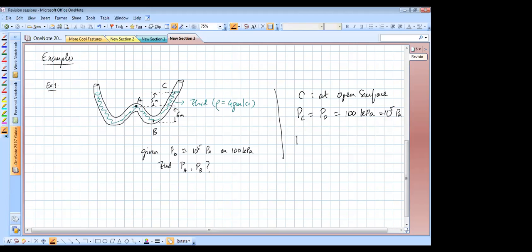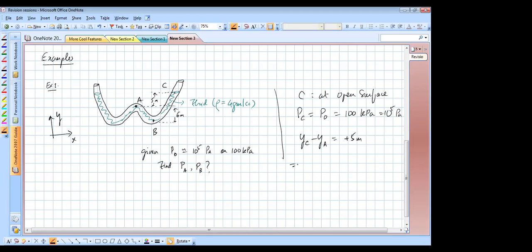Now you can see that the height difference between C and E, if you take the vertical coordinate y-axis upwards, y of C minus y of E is plus 5 meters.